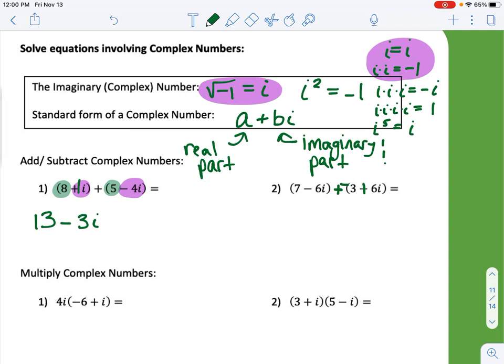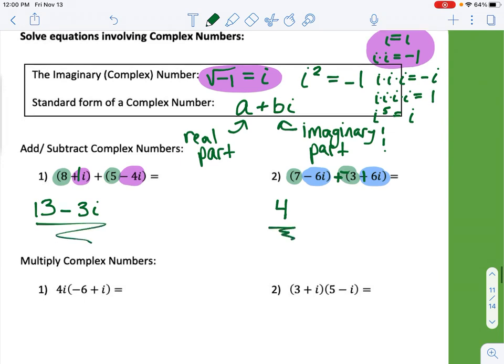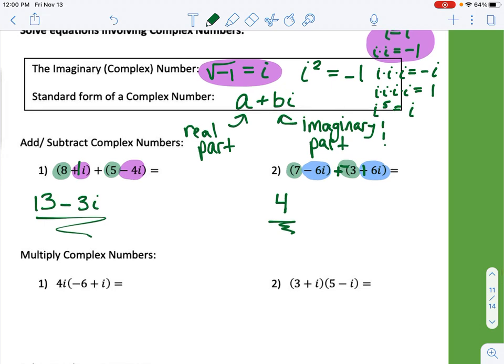So if we add, then we take the opposite of each term, then find your like terms, 7 and -3, and -6i and 6i. Notice 7 minus 3 is 4, but when you take -6i plus 6i, you end up getting 0, so you already have your subtracted complex number, which is just a real number solution.